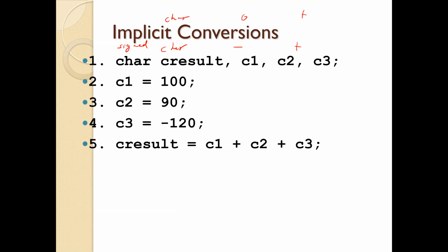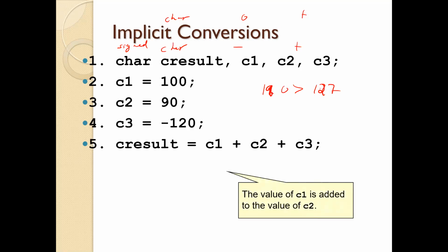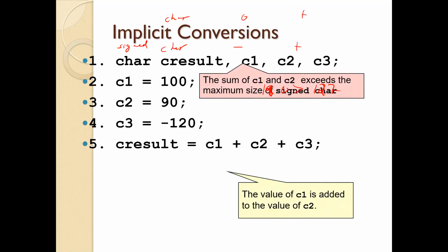The signed char would exceed, because it would be 190, which is greater than 127. So the value of C1 is added to the value of C2, and the sum of C1 and C2 exceeds the maximum size of a signed char, which is 127.